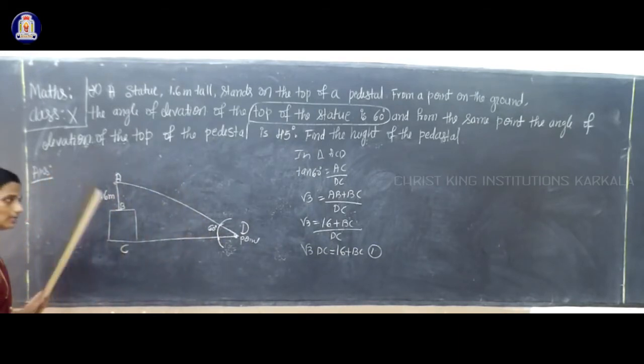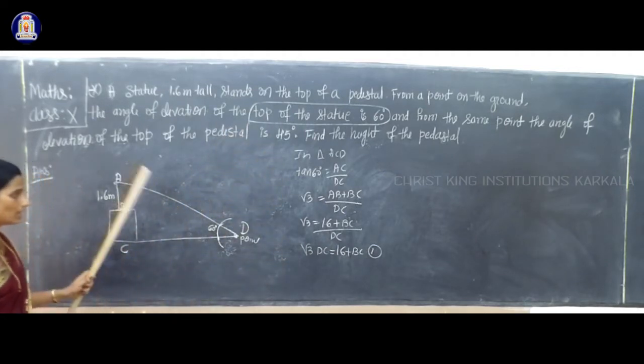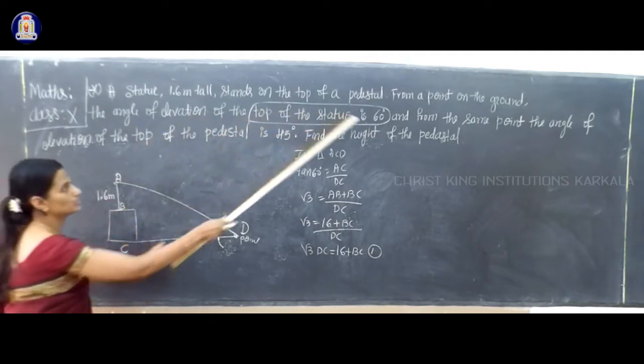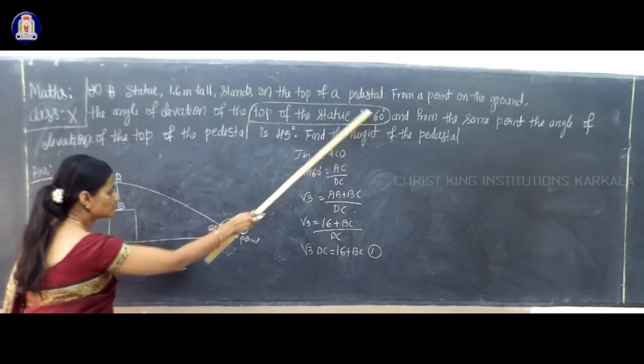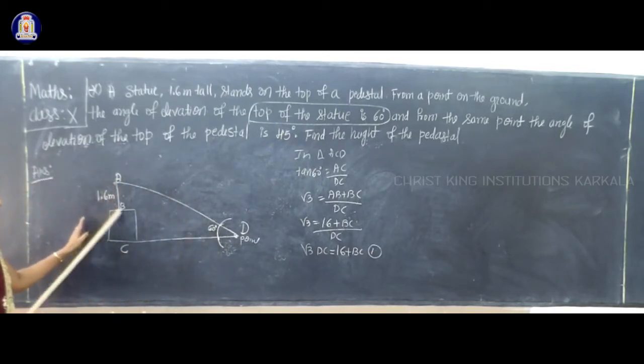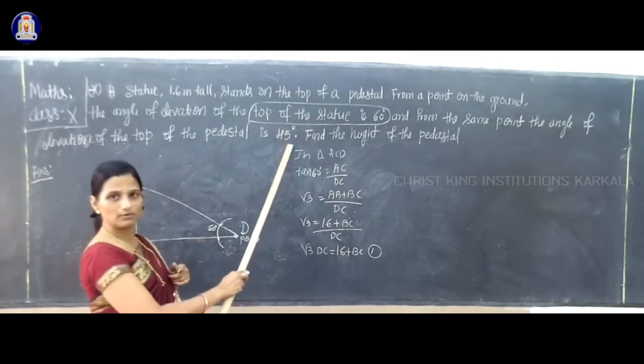Your figure is not complete and that explanation also is not completed, so I am simplifying part by part. With respect to 60 degree, you have to take the total triangle, that is ACD. Now next, one more is given, that is 45 degree.